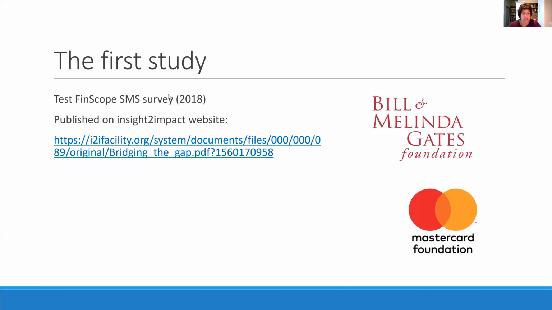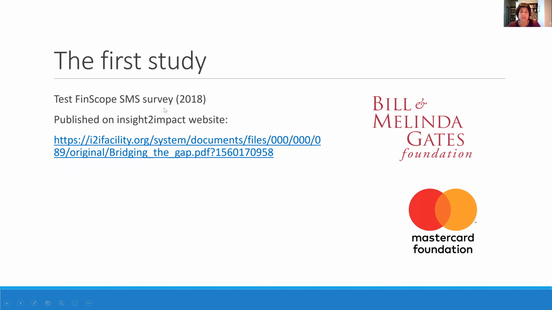Now, our first study was to test some of FinScope's SMS survey. So this was not the big FinScope study, it was an SMS survey, so it was therefore a new study that we could test before it went into field. They used some of the questions of FinScope, and also some of the poverty index questions were on there.